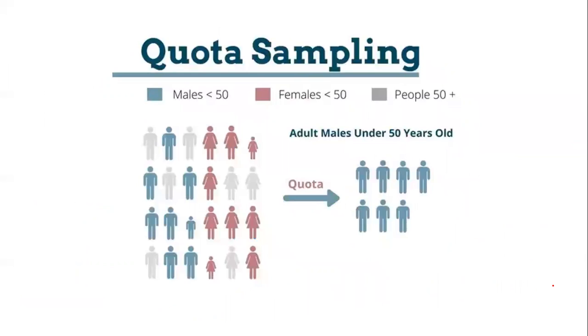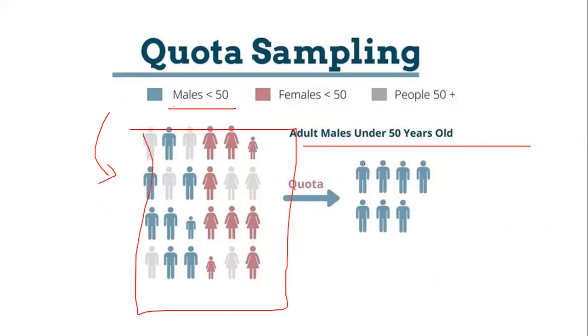Next, we have quota sampling. Exclusively to highlight quota sampling, here also students get confused. When we say quota, the sampling has some clauses. For example, adult males who are above 50 or under 50. So we have a population, but from that we just want a specific quota, the males above 50.